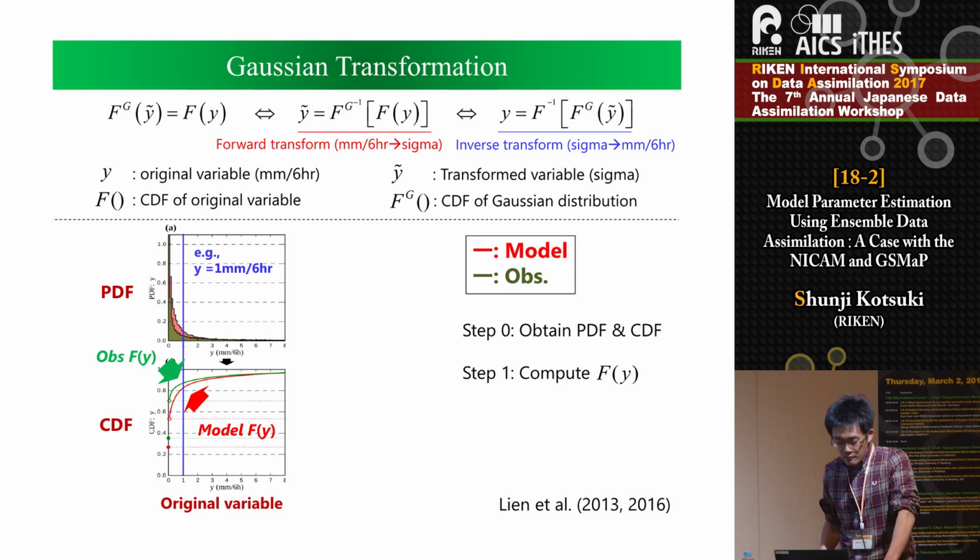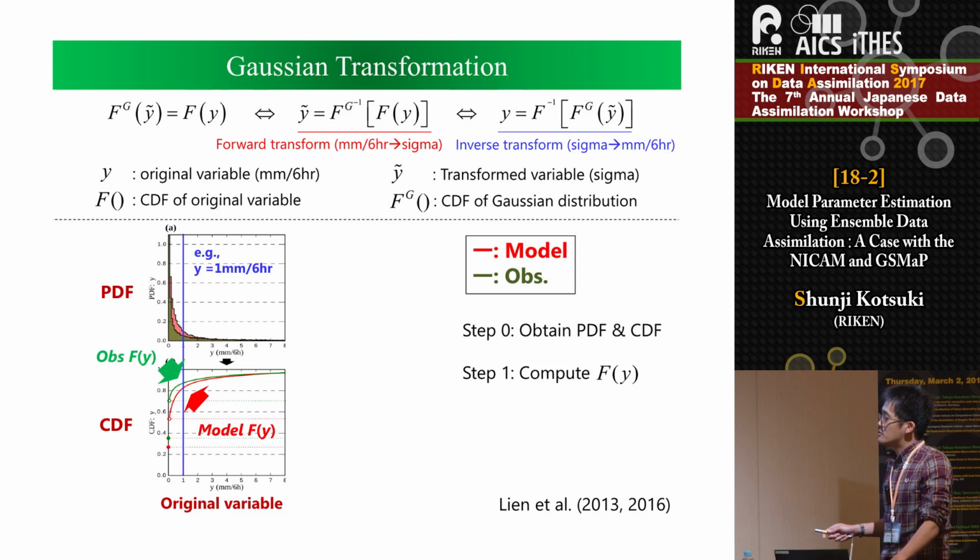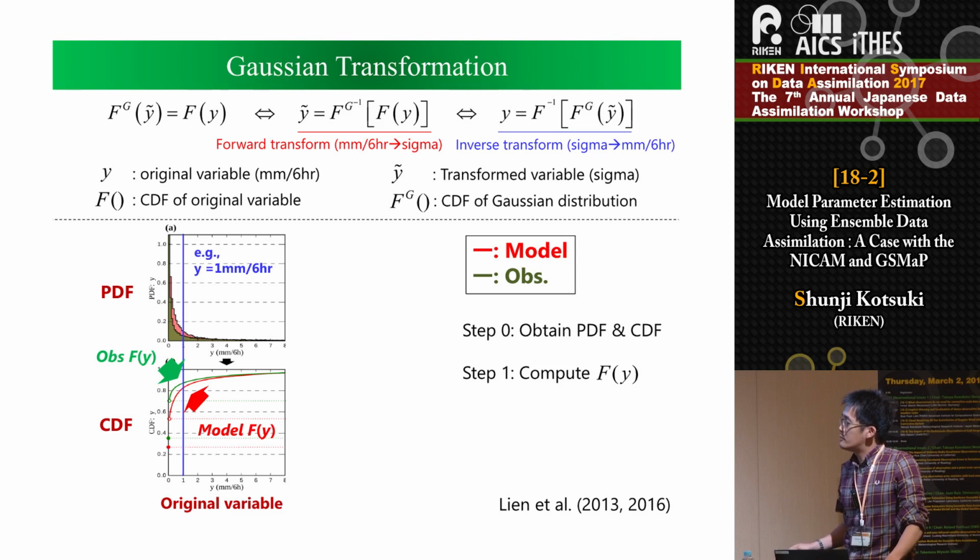Once we have a forecast of observation, such as 1 millimeter per 6 hours, we compute the CDF of this value. Here we can see F of y is different because the model and observation have different PDFs of the precipitation. So we have a probability of the event based on the past precipitation record, and now we can mitigate the bias problem in this procedure.